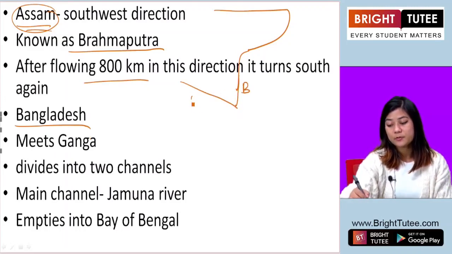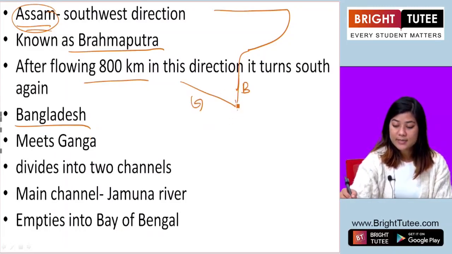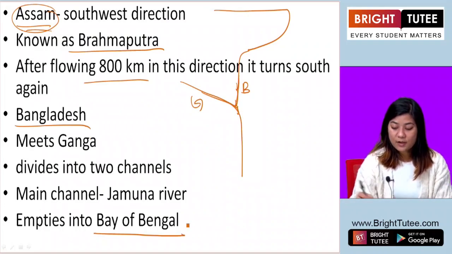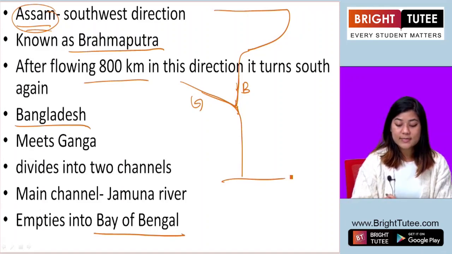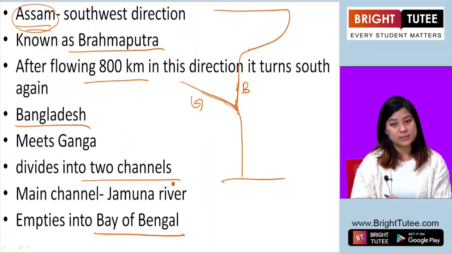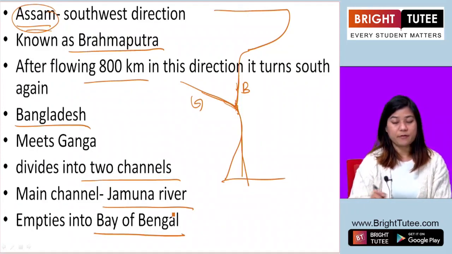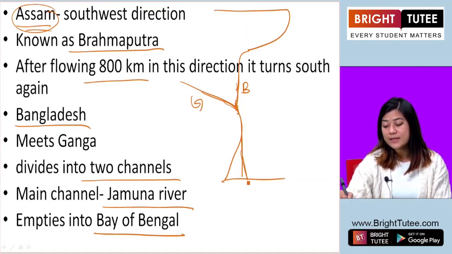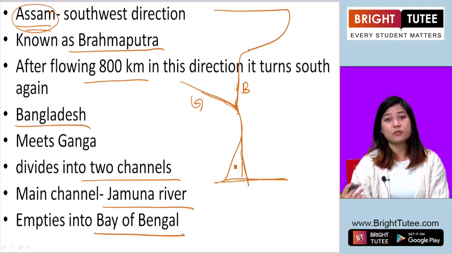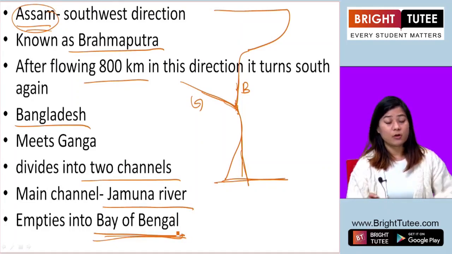So this is Brahmaputra and Ganga. Alright, and together it flows into the Bay of Bengal. Alright, and here when they meet, they divide into two channels. The main channel is called the Jamuna River. Alright, and finally it ends its long journey by draining into the Bay of Bengal.